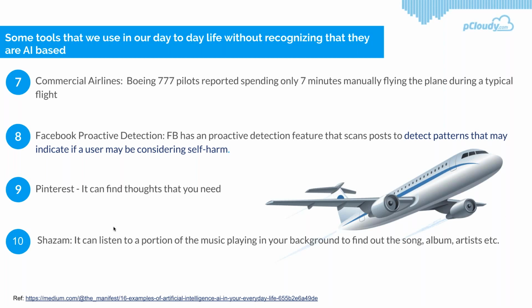So, what do you think? Is Shazam just measuring the frequencies and the amplitudes of whatever wave, whatever MP3 file is playing in the background, and matching it with all the available music database? No, it's not doing that.